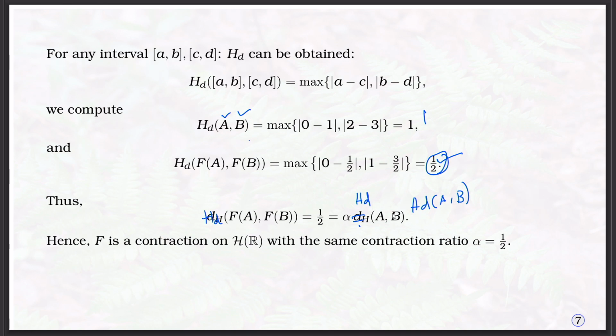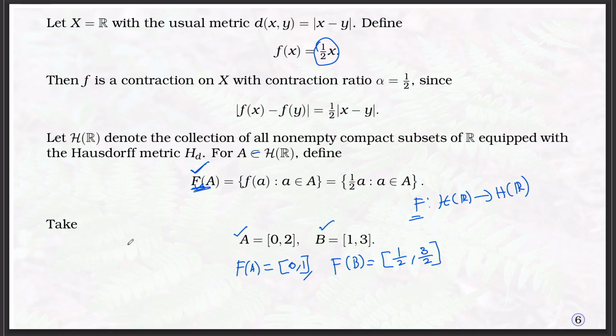So what we did here, we took one function f of x on R, defined as x by 2, a contraction with contraction ratio 1 by 2. Then we define the function f of A like here, and we are taking two sets. We are taking a particular example, but you can take any arbitrary set, it will satisfy these things. We are just illustrating with an example.